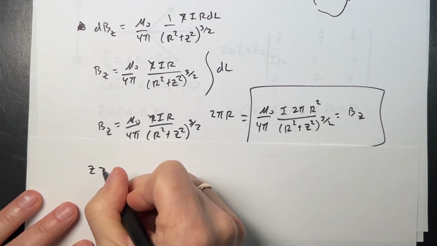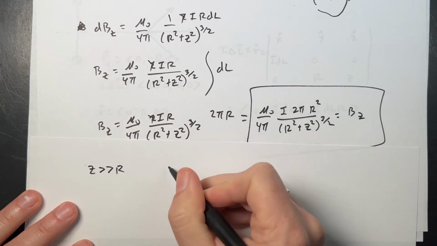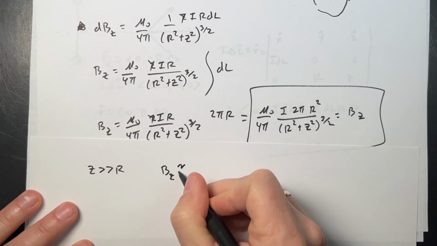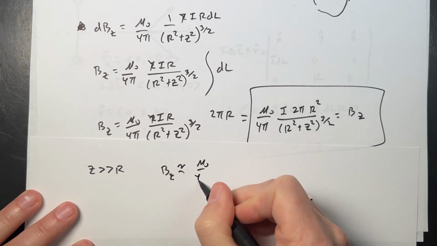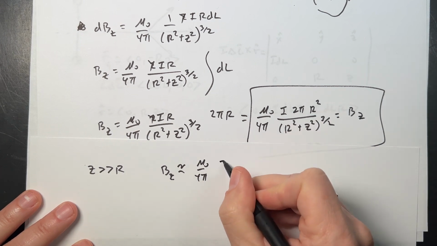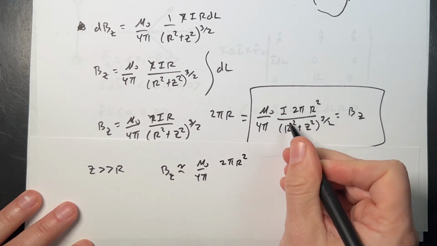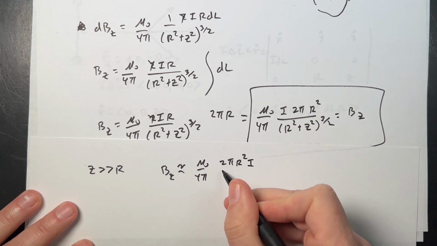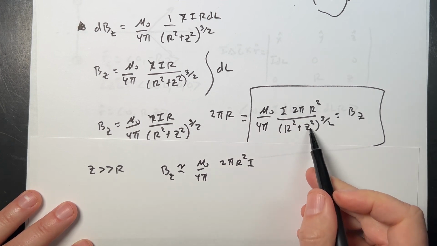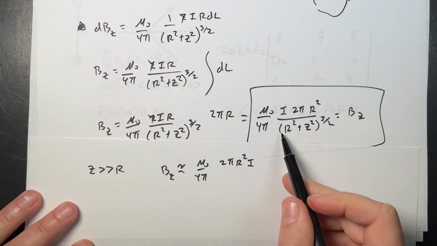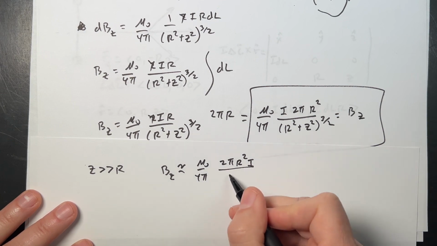If z is much greater than r, then Bz is approximately equal to mu naught over 4 pi, I still get the 2 pi r squared times I. Now on the bottom, if z is very large, I'm going to get z squared, and r squared is tiny, so I just get z cubed.